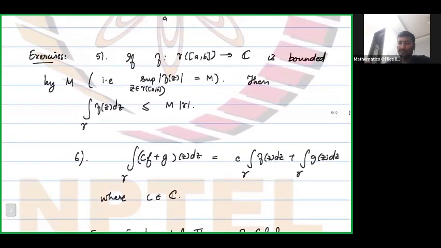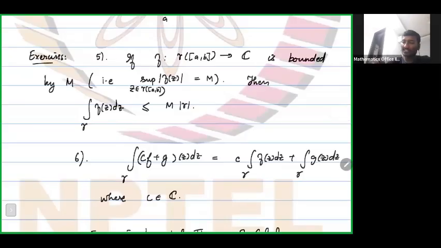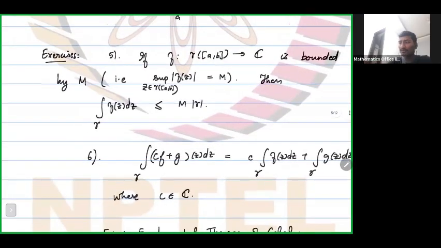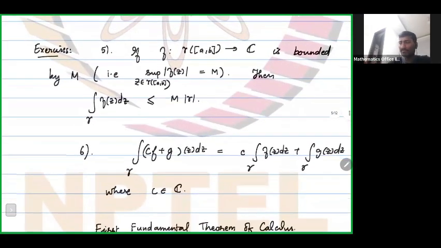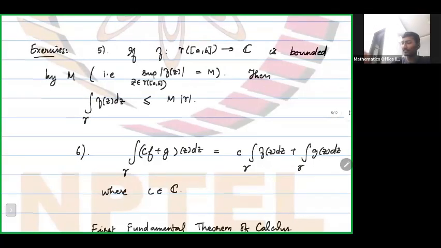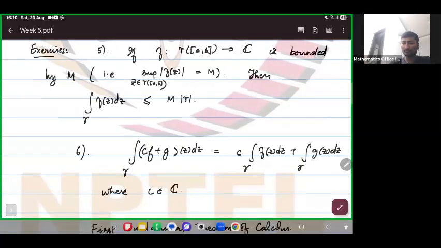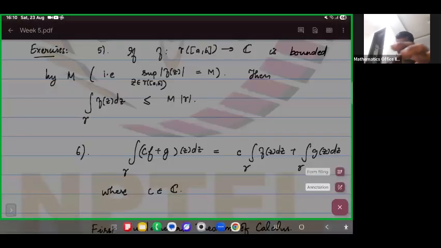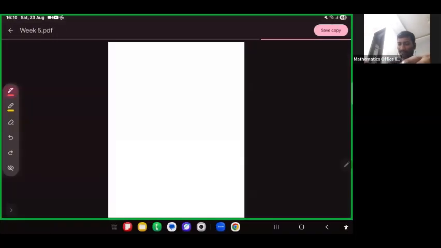And fifth property is that when f is taking maximum value, maximum mod m, then whole integral. So there is a little mistake here in the fifth. What is mistake? Can you tell me? So in the fifth, there is a little mistake.